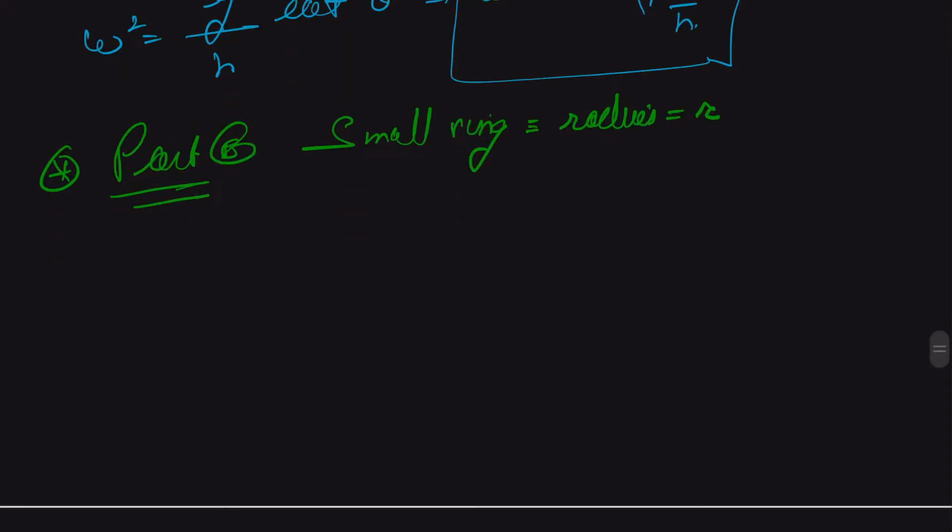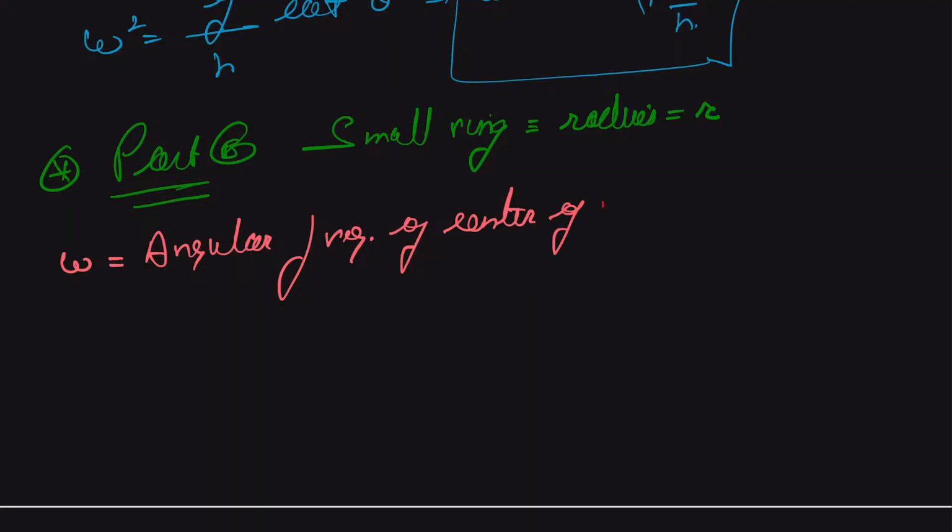So we assume that omega is the angular frequency of the center of the ring about the vertical, which we are required to find.